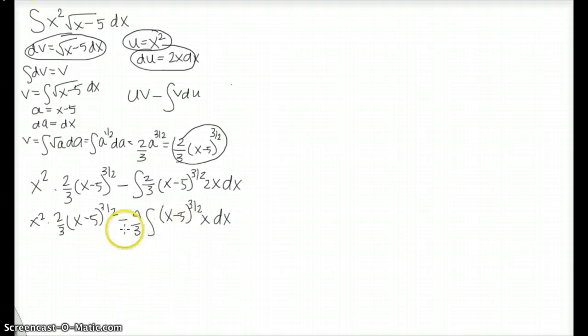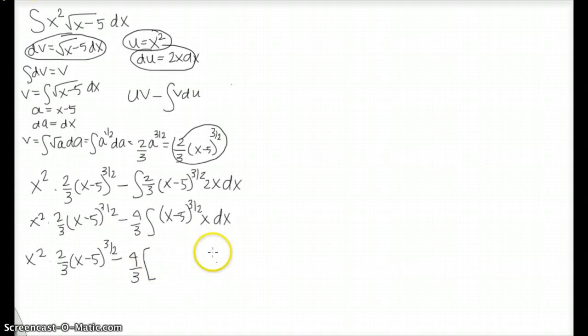Alright, so now from this point here, we want our final answer to not have any integrals in it, and this integral is still here. So we're going to want to go ahead and try and simplify this integral a little bit. So down here is going to be my final answer, and I'm going to add to that in a minute. So in this parentheses here, I'm going to leave this open for now. I'm going to put whatever we simplify this integral to be.